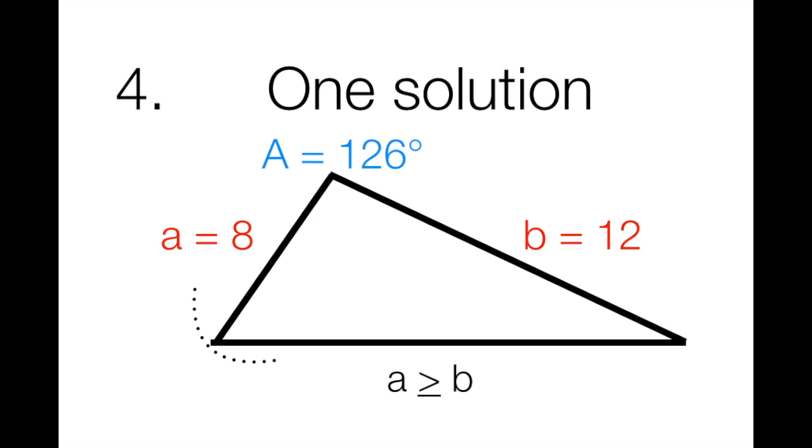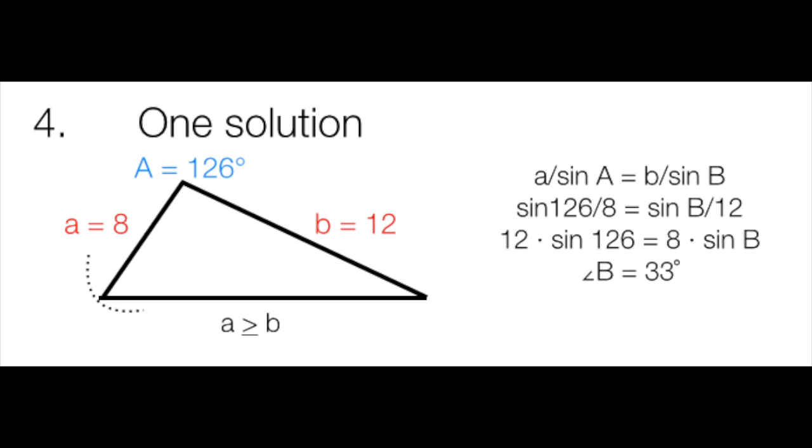In the SSA triangle, we know angle A equals 126 degrees, side b equals 12, and side a equals 8. We first use the law of sines to find angle B. The equation would equal sine 126 divided by 8 equals sine b divided by 12.